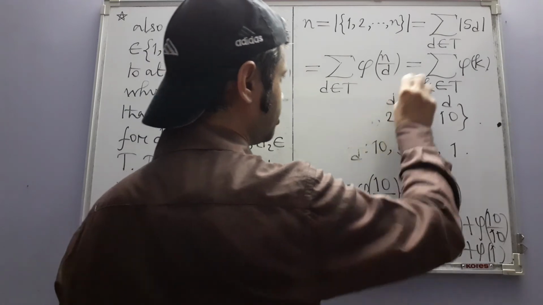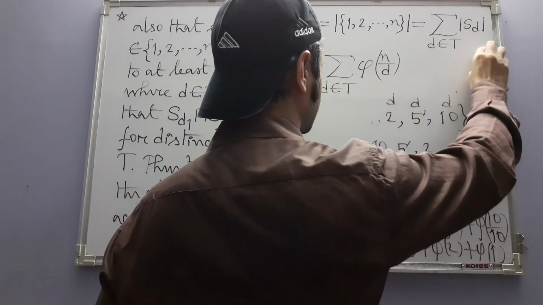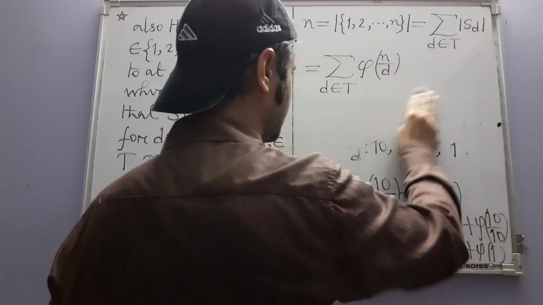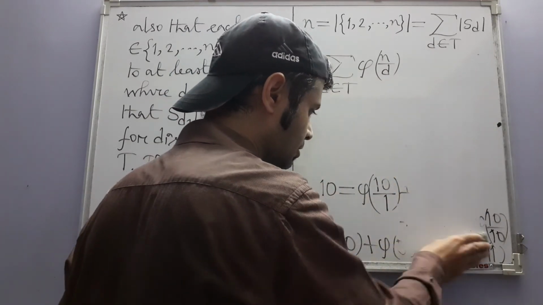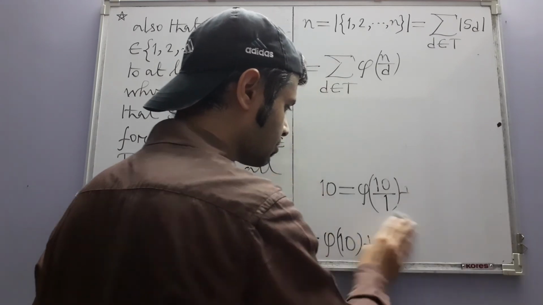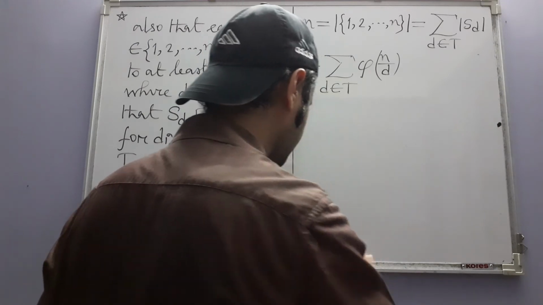Oh, in fact, I should not have written this final conclusion here itself. I should first write the justification for this thing, which allows us to write the final sum like this, and then write the final sum.